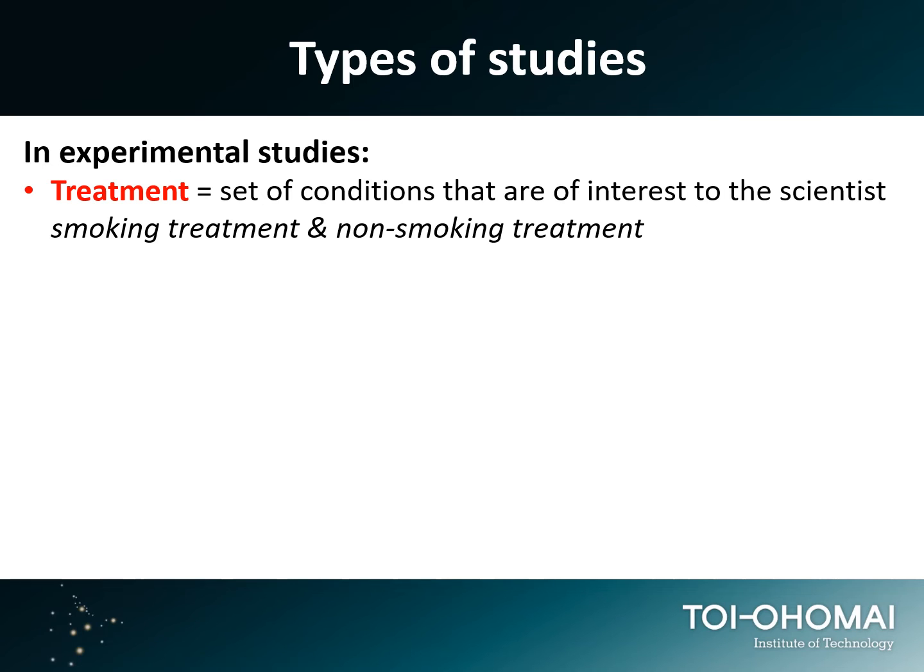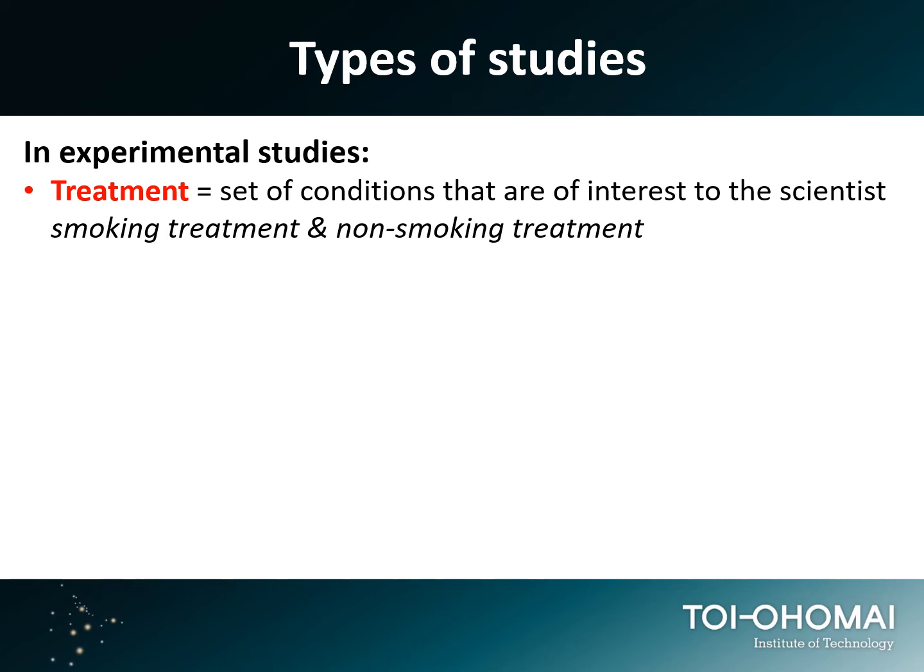I mentioned in the last slide a couple of terms that we should probably define. The first one is a treatment. So this is whatever the thing is that you are interested in studying. It's a thing that is potentially having an effect. So in the women's smoking and lung capacity, we're wondering whether smoking affects lung capacity.